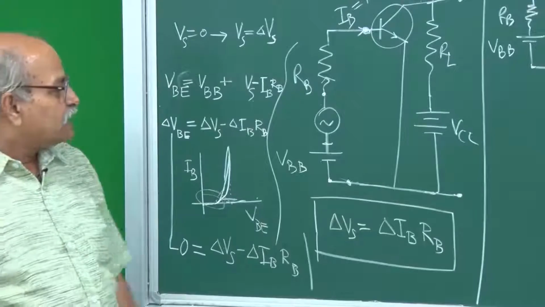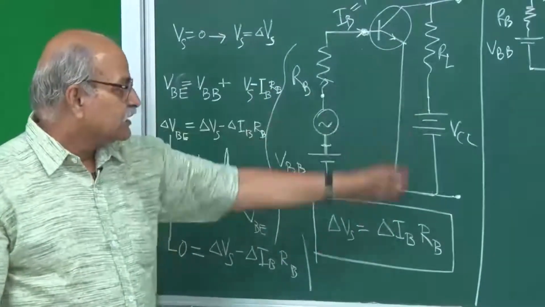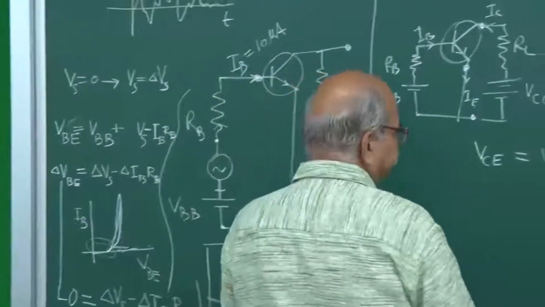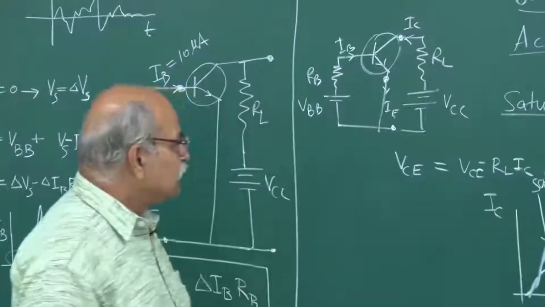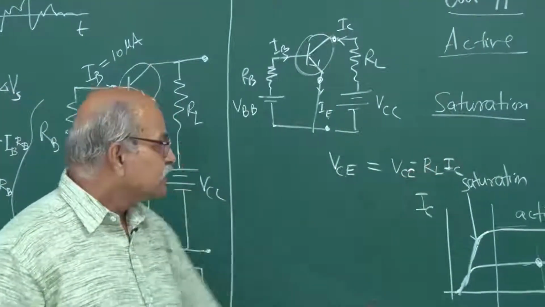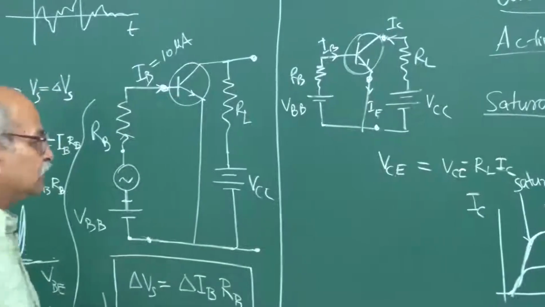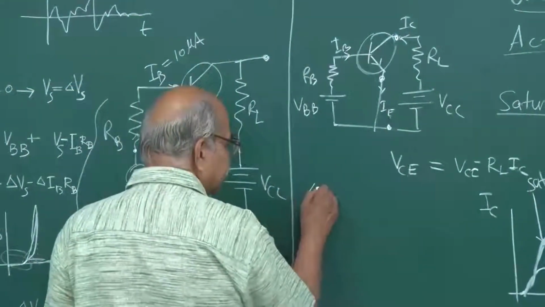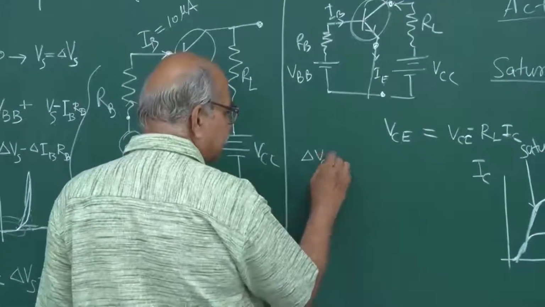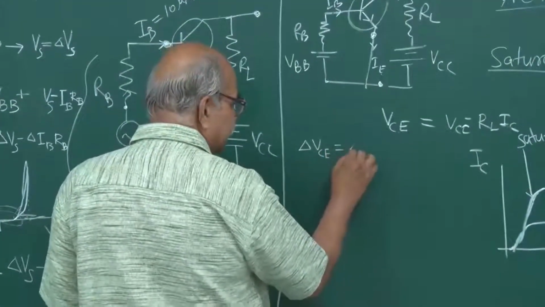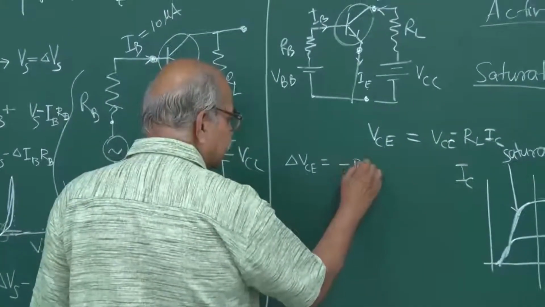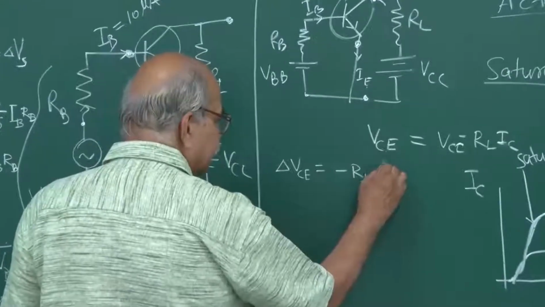Now let us look at what happens on the output side, on this side. For this we already have this equation: VCE is VCC minus RL IC. So if I write delta VCE, and remember VCE is your output voltage, it is delta VCC, which is 0, and then minus RL, which will remain there, and delta IC.